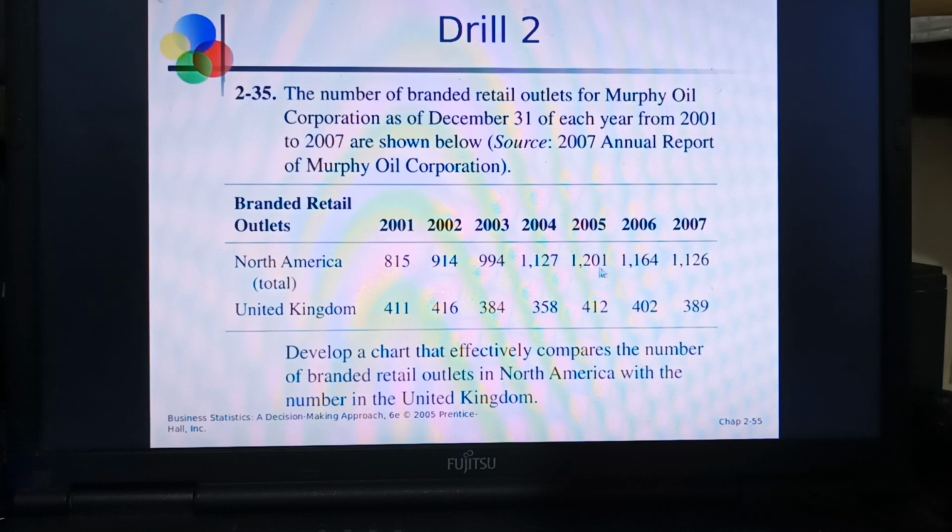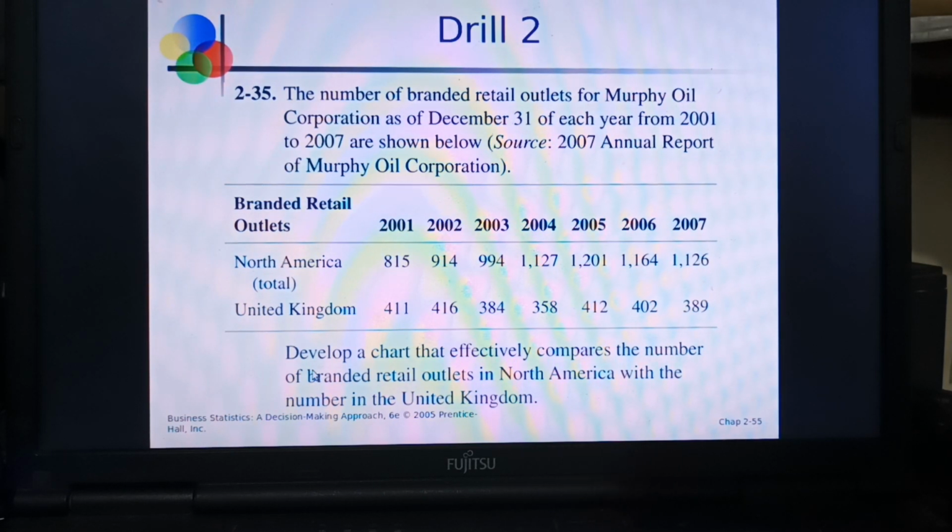North America, United Kingdom. Remember this, you will make a graph that compares branded retail outlets in North America, in the US mainly, and in the United Kingdom.